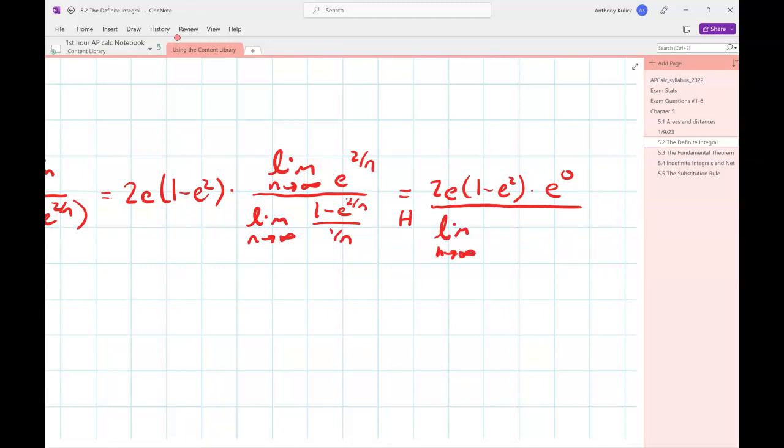So the derivative of 1 minus e to the 2 over n is negative e to the 2 over n times negative 2 over n squared. And the derivative of 1 over n is negative 1 over n squared.